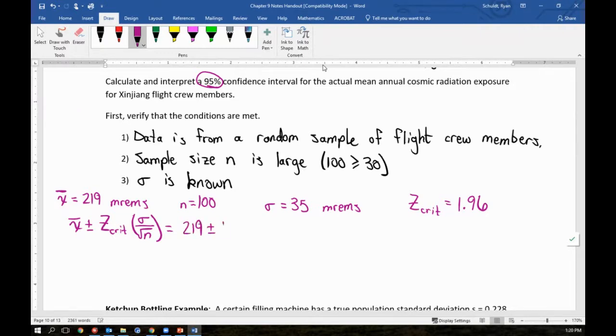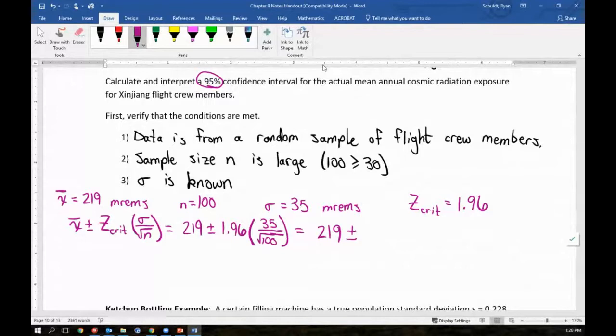219 plus or minus 1.96 times 35 over the square root of 100. Remember, we want to calculate the error first. Don't just try to put the whole thing in your calculator, like the 219 plus or minus. Get the error first, and then go from there. What do we get for our error?